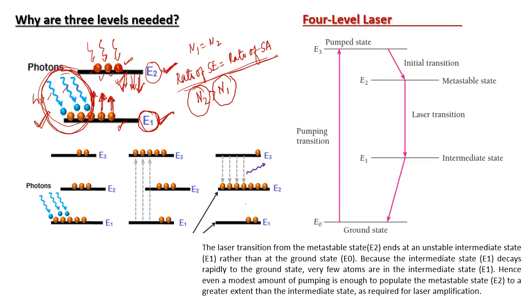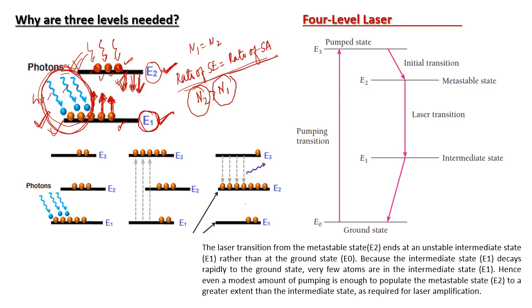So when the number of atoms is the same in these two states, the rate of spontaneous emission and stimulated emission coming from this state to this state will be equal to the stimulated absorption going from this state to this state.